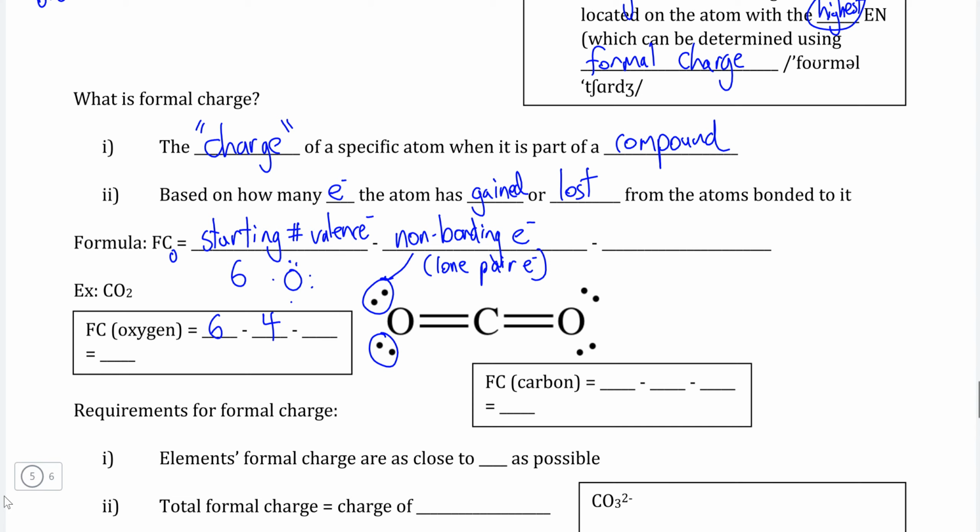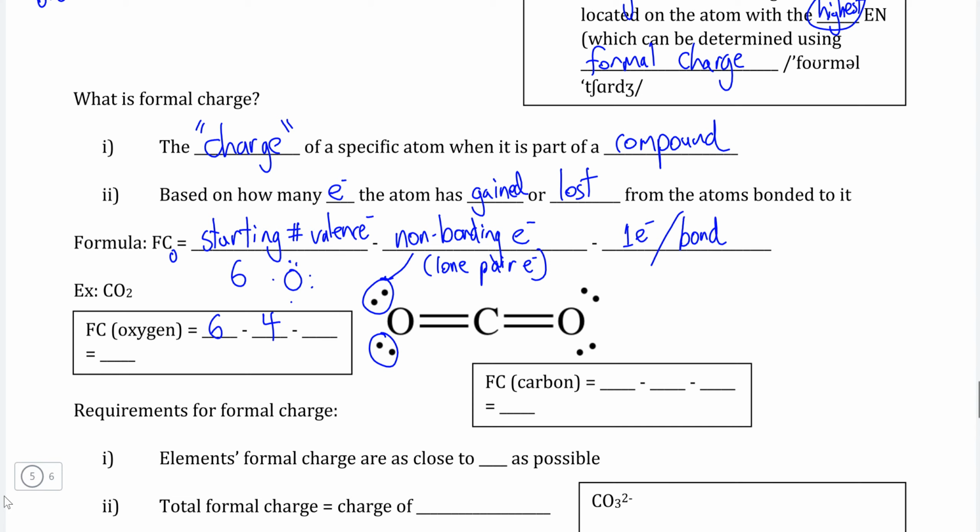Finally, we then subtract from that 1 electron per bond that atom is making. And the reason why we say 1 electron per bond is because each of these bonds is a covalent bond, meaning that half the electrons effectively belong to oxygen and the other half of the electrons belong to carbon because they are shared.